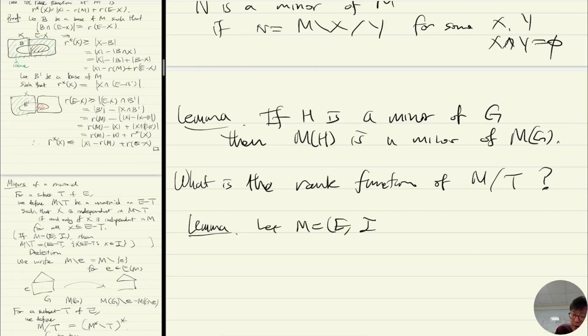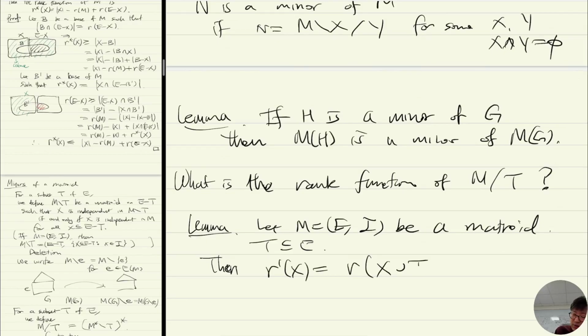Let M be a matroid and T be a subset of E. Then r prime of X equals r of X union T minus r of T is the rank function of M contract T.